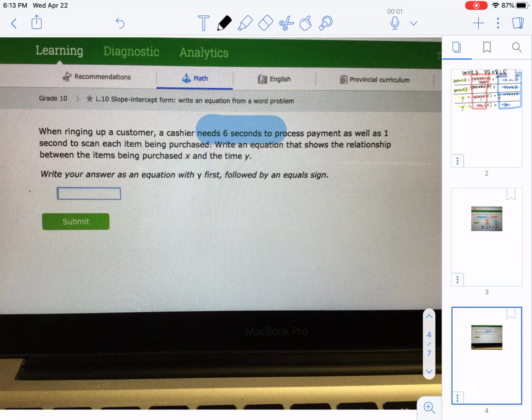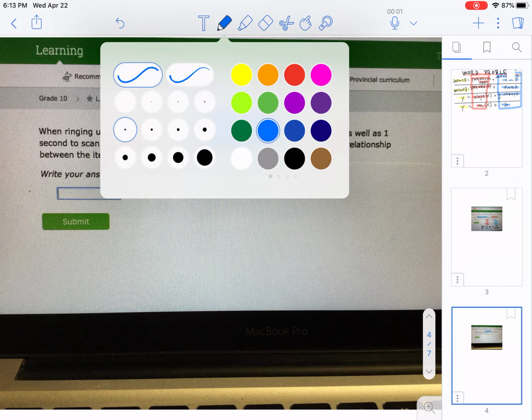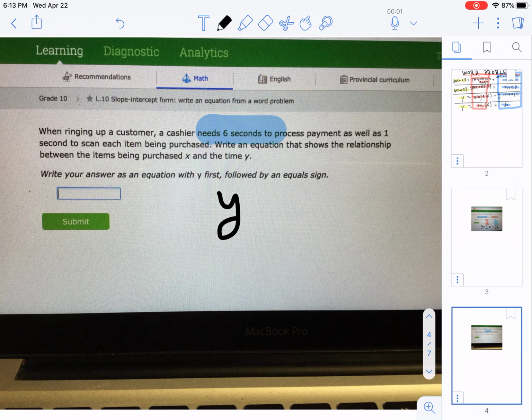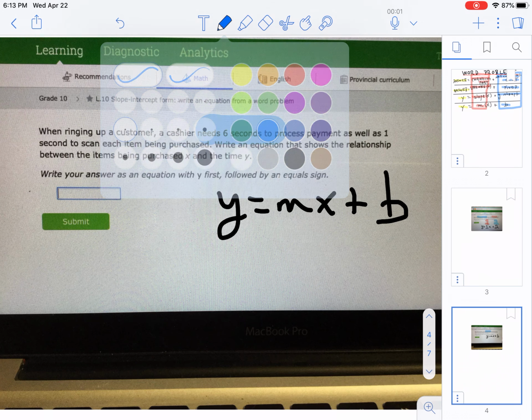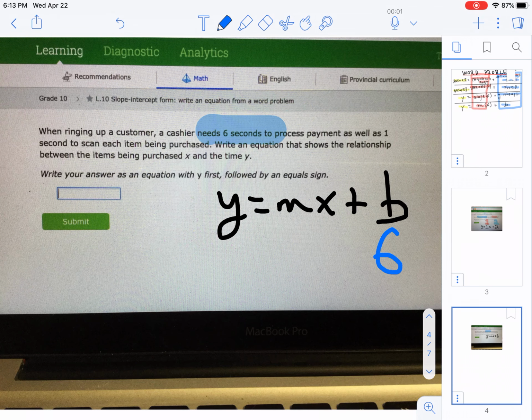So we would write our fixed part of the equation at the end. So if our equation is y equals mx plus b, the fixed part goes at the end. So you put your 6 at the end.